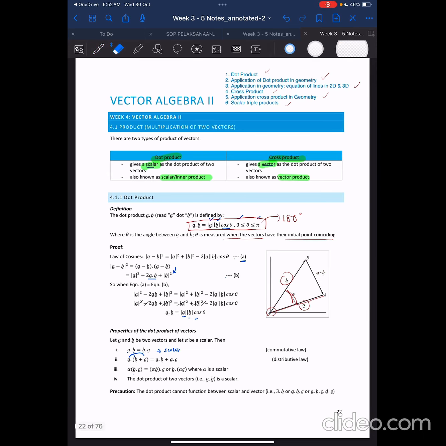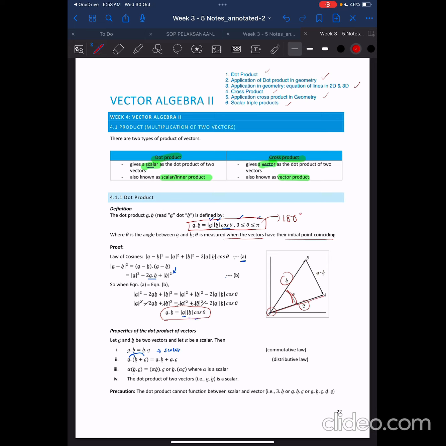Okay, how do we get into this? How does A dot B become the magnitude of A multiplied with the magnitude of B cos theta? Let's look at the law of cosines. The law of cosines says that the magnitude of a minus b squared is equivalent to a squared plus b squared minus 2ab cos theta.